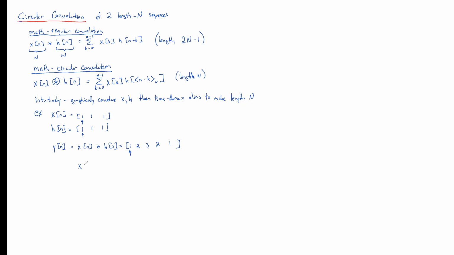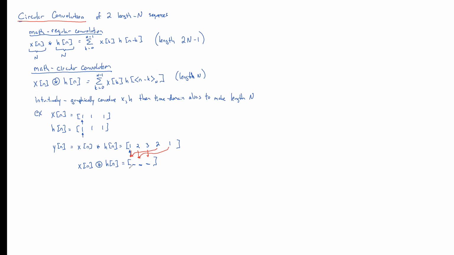But to find x of n circularly convolved with h of n, 3 in means we only have room for 3 out. And so this will go down, this will go down, this will go down. Then this will time alias over to the beginning, and this will time alias over to the next one.